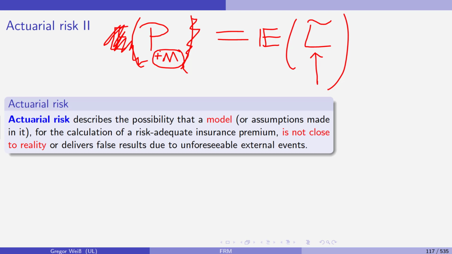So actuarial risk describes the possibility that a model or assumptions made in the model for the calculation of the risk adequate insurance premium is not close to reality or delivers false results due to unforeseeable external events. If you have a portfolio of insurance contracts, let's say bike insurance, bike theft, and you pick the wrong model, then the losses will be higher than your premiums in total, and you will go bankrupt.